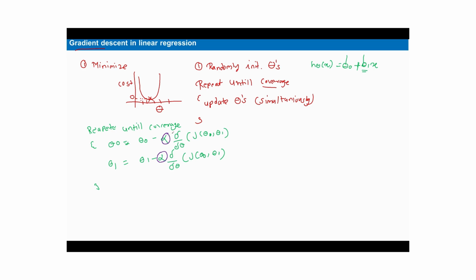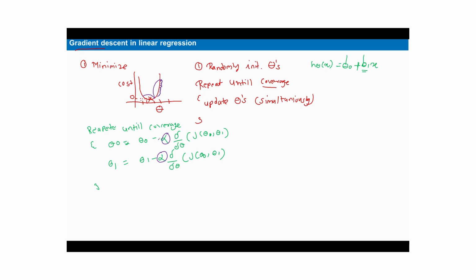If alpha is too large, it is called aggressive gradient descent, in which it will take large steps. Suppose initially we initialize a random theta here, it will take large steps like this. If we keep alpha small, it will take baby steps, very small steps toward the global minimum.